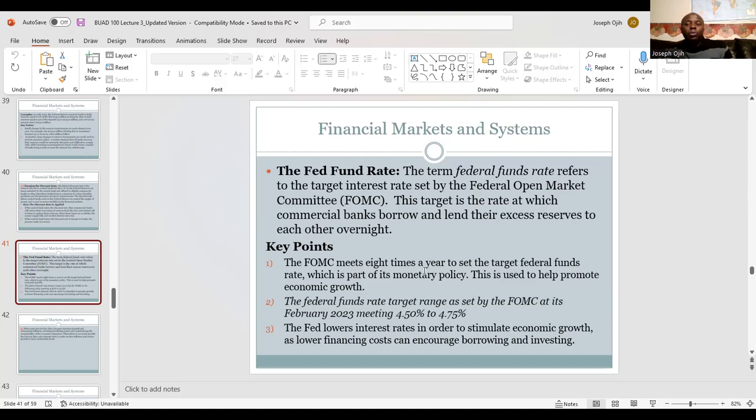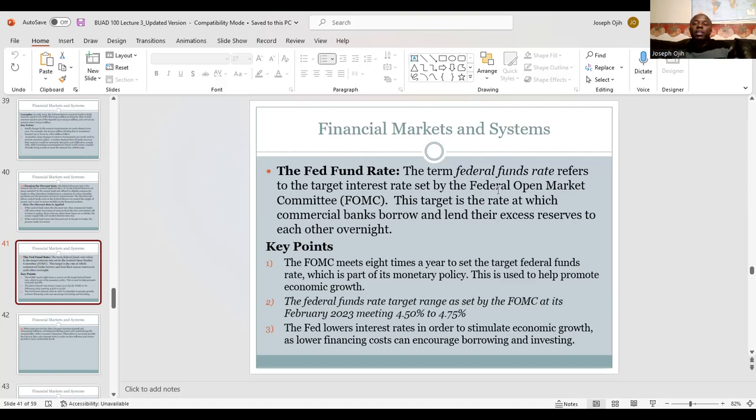See, so now, if the federal fund rate is high, Bank of America will get that money from the Fed. They borrow from the Fed and lend to you. Wells Fargo will get the money from their reserve at the Fed and lend to Bank of America, in this example.